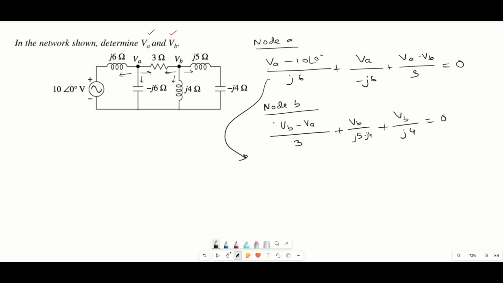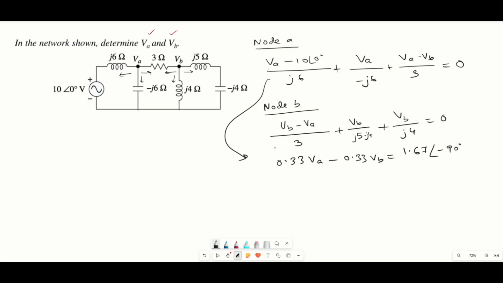After simplifying, we have this term as 0.33 VA minus 0.33 VB equals 1.67 angle minus 90 degree.